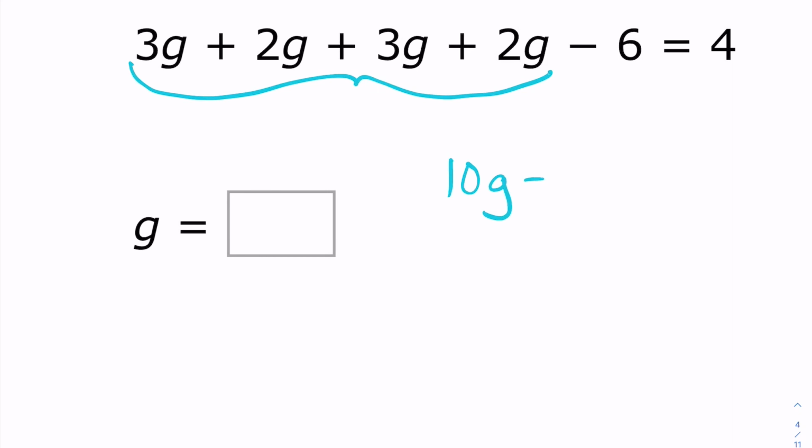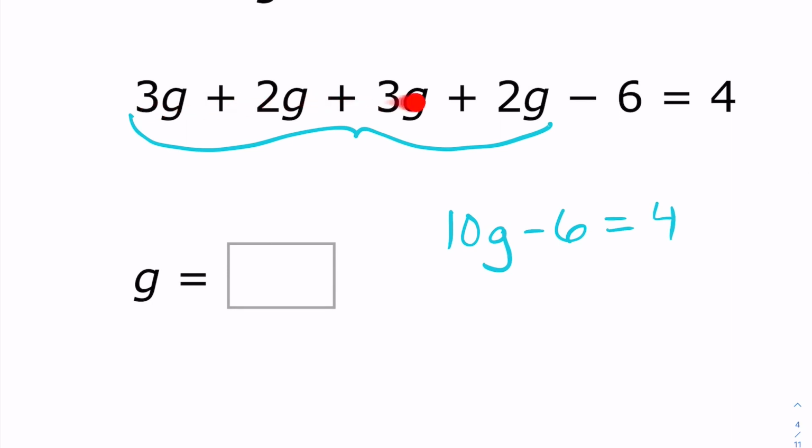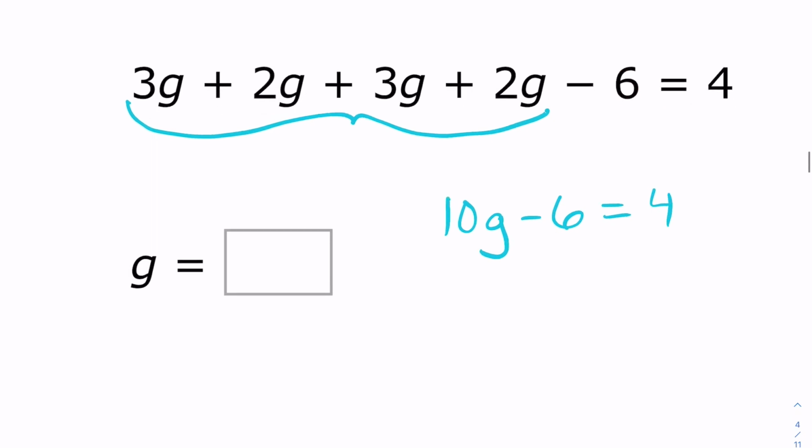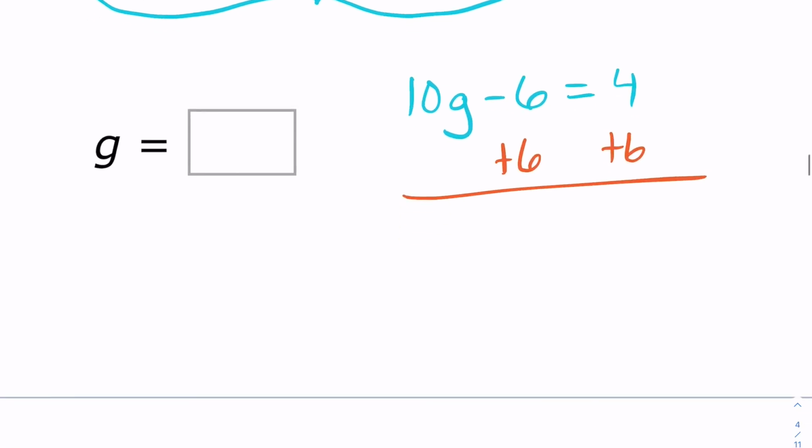And we're going to take away 6 equals 4. So really the only 4 things that combine are these 4 terms. The 6 cannot combine because it's just a number. And so now we are going to add 6 to both sides, and we have 10g equals 10.